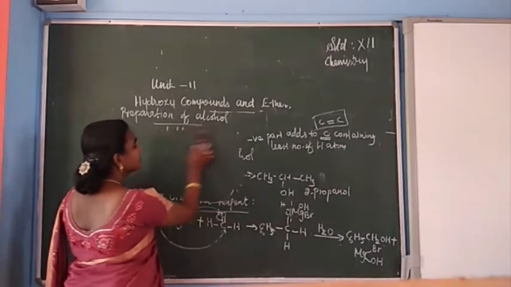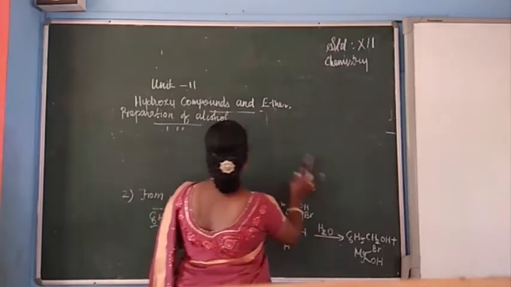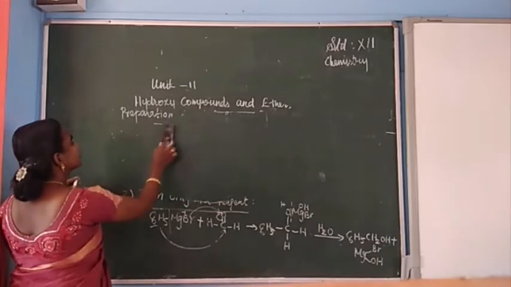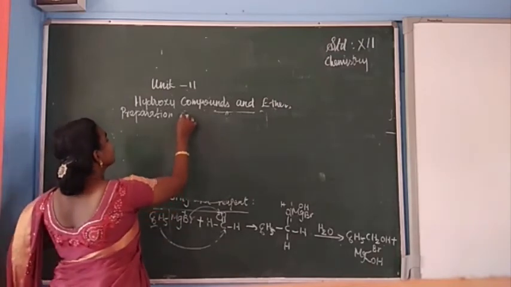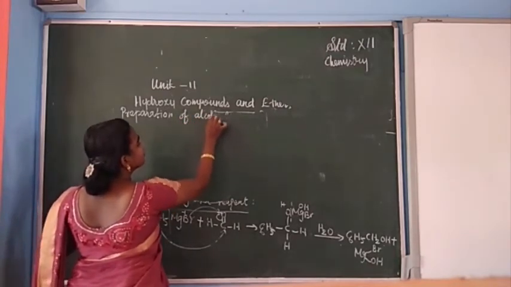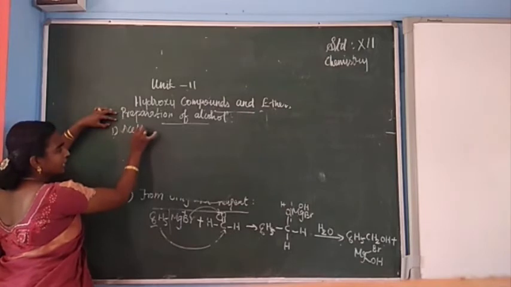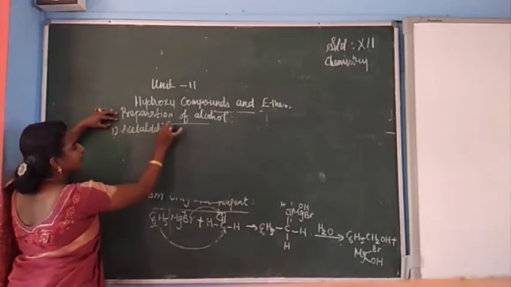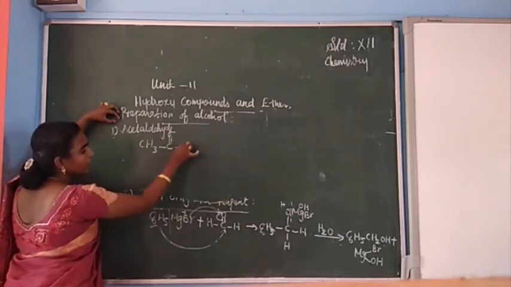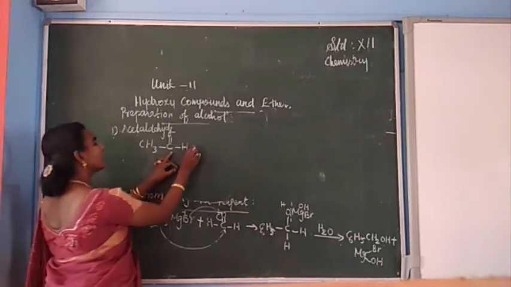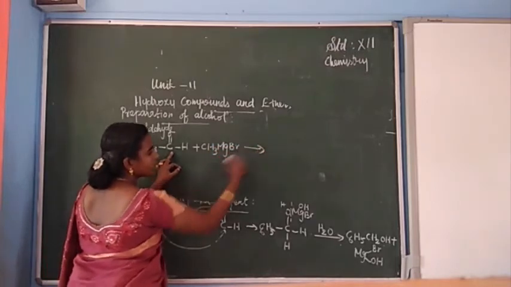Let's explain this. First one, acetaldehyde. Acetaldehyde formula: CH3 C double bond O H. Use methyl magnesium bromide as Grignard reagent.